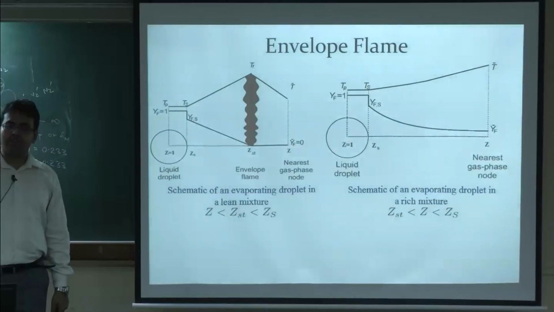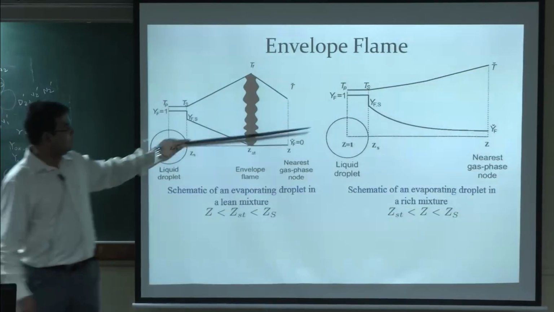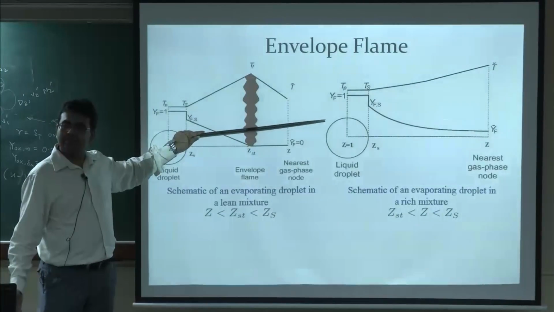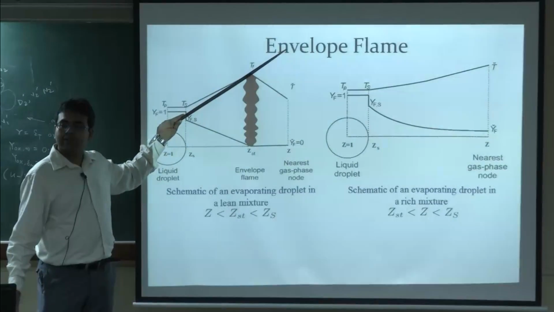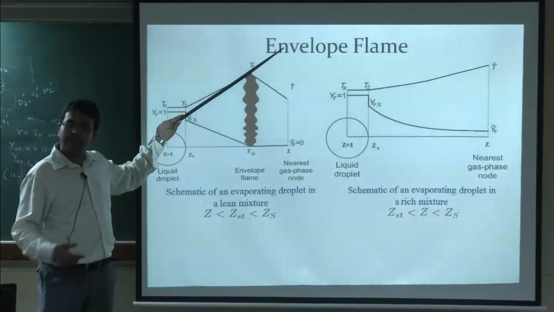If you see the definition of the Spalding number, it is based on the conserved scalar defined at infinity, subtracted from the conserved scalar defined at the surface of the droplet, right. Now at infinity, the temperature is T infinity, which could be like 300 Kelvin in some cases or maybe more than that, but here if you have a flame surrounding the droplet, then the temperature gradient becomes very important.